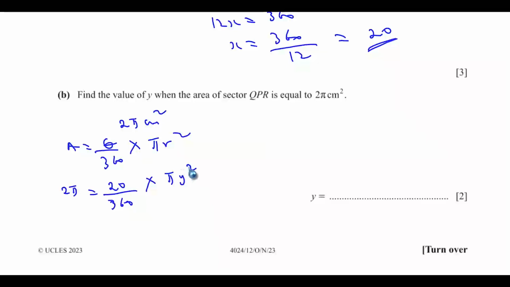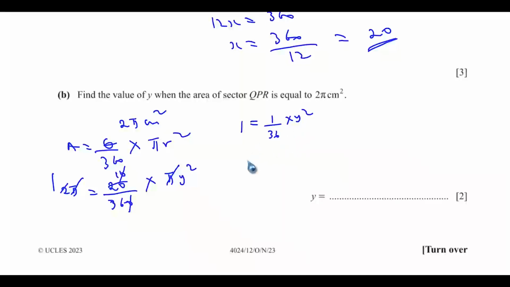Okay, so pi can cancel out pi here, and 2 goes into 2 once. Then 2 goes into 20 10 times, so I can cancel the 0 with the last 0 here, so we are left with 1 equals 1 over 36 times y squared.